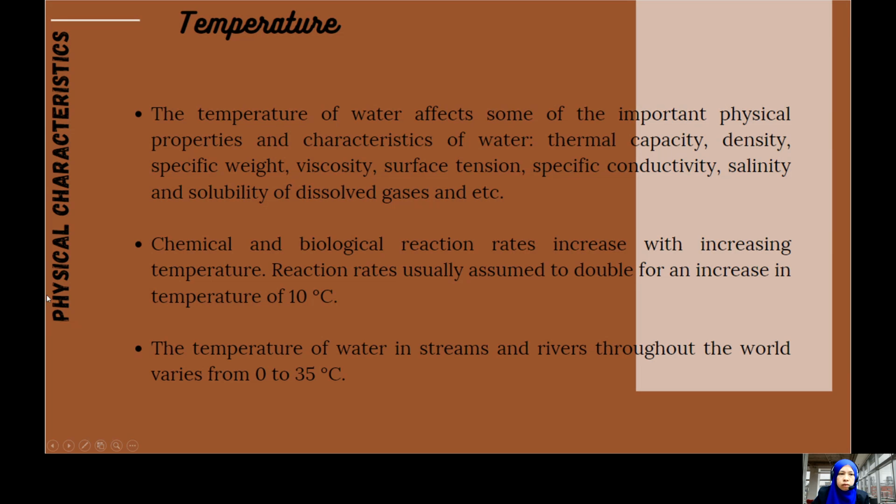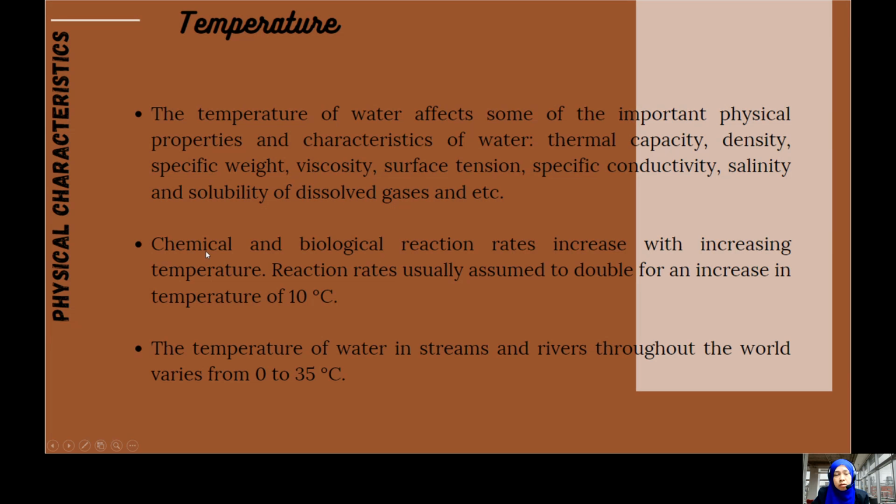Okay, physical characteristic for temperature. Temperature of water affects some of the important physical properties and characteristics of water: thermal capacity, density, specific weight, viscosity, surface tension, specific conductivity, salinity and solubility of dissolved gases.